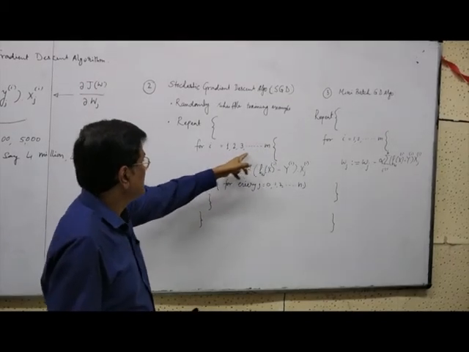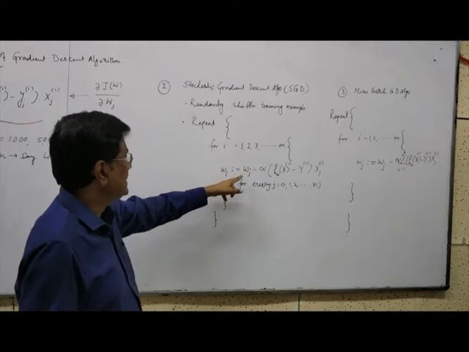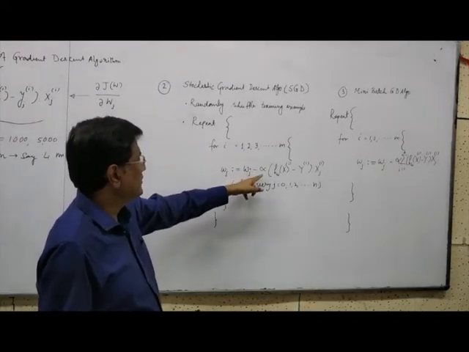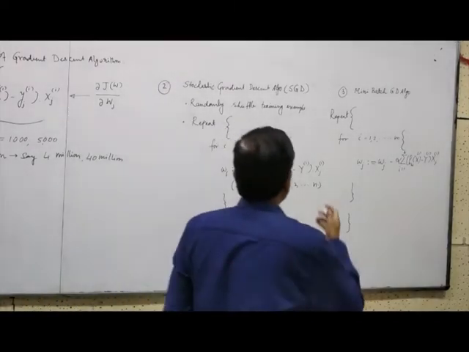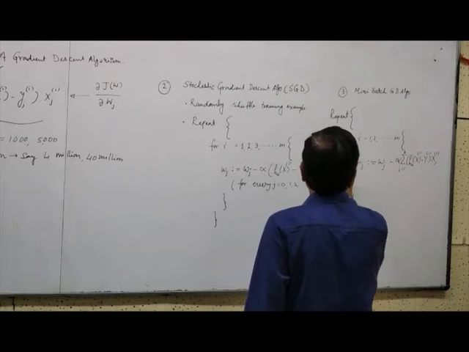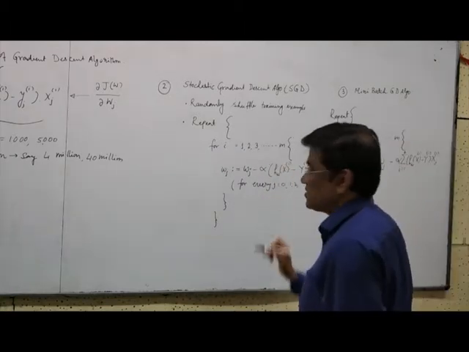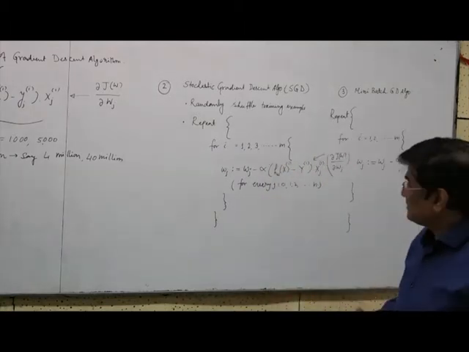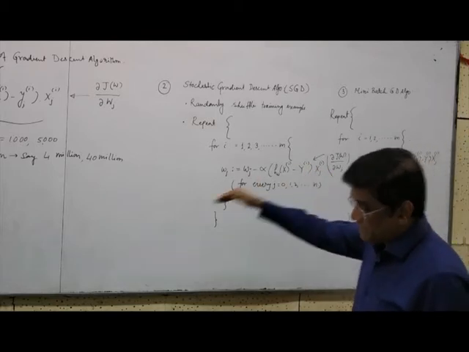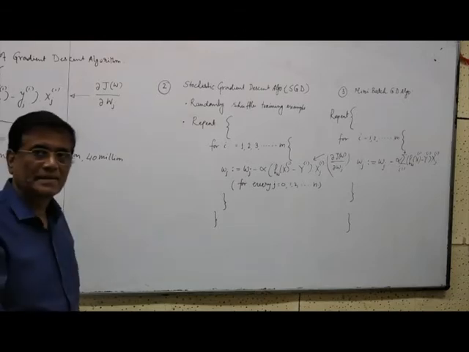for the training samples: Wj assigned Wj minus alpha times this. So here you can see there is no summation sign, right? That means for every sample it takes a decision, it makes a step.